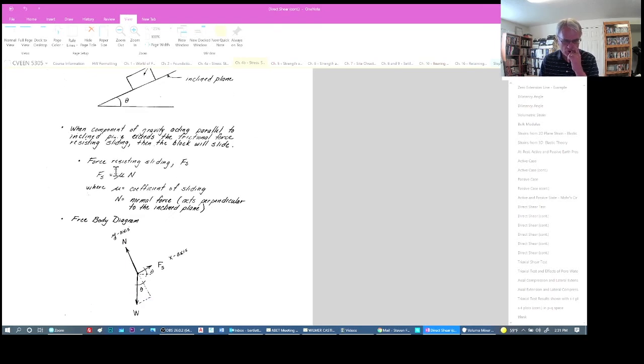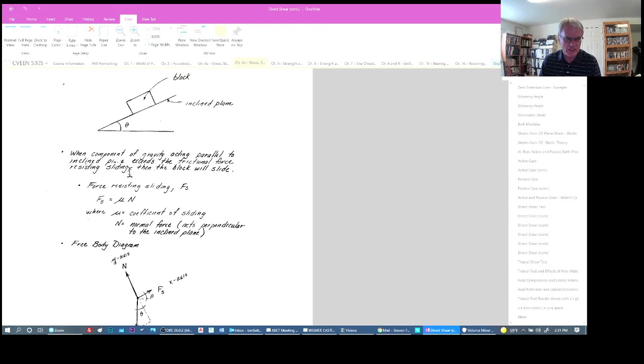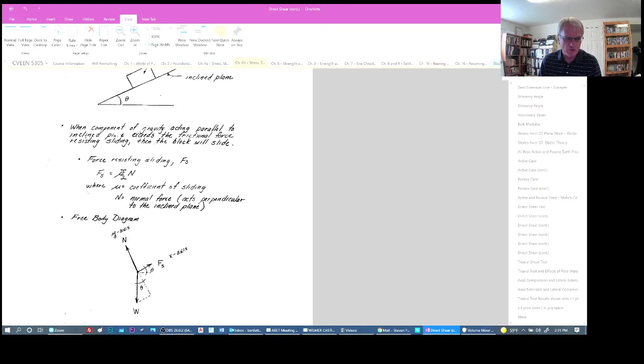So just to do a free body diagram, we can say the force resisting sliding is a normal force acting in this direction times the coefficient of friction mu. So I've drawn this as the free body diagram at the centroid of the block.